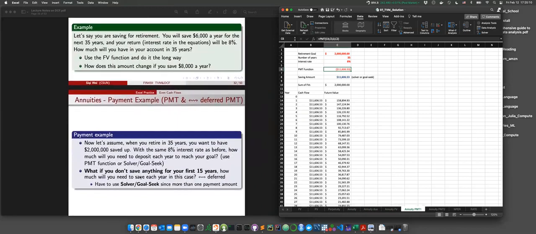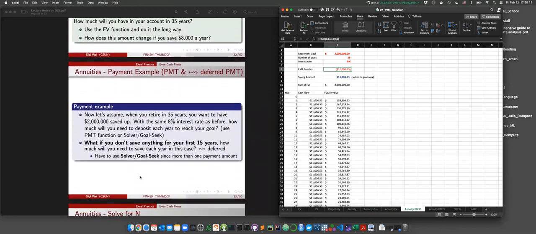Now, let's take a look at another annuity payment problem. Let's assume you retire in 35 years and you want to have $2 million saved up at the end of the horizon.